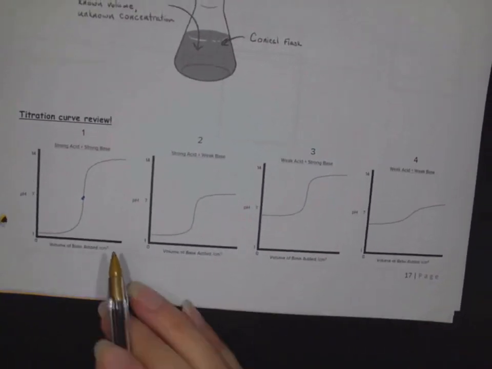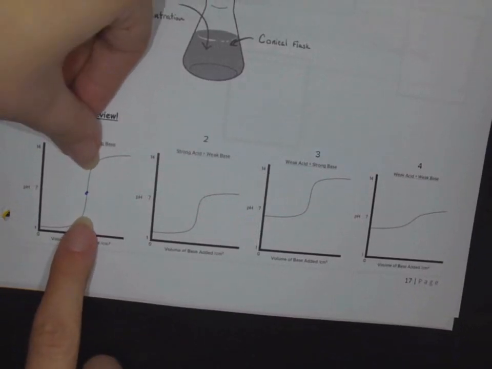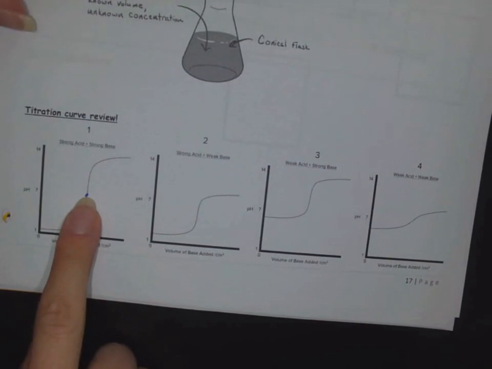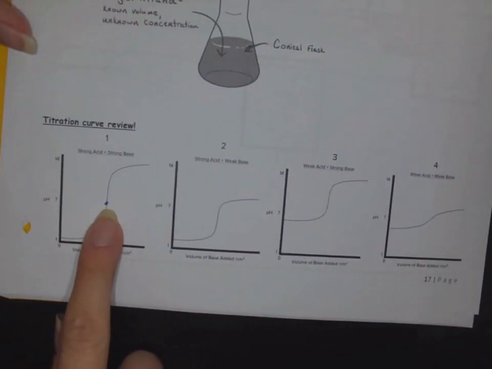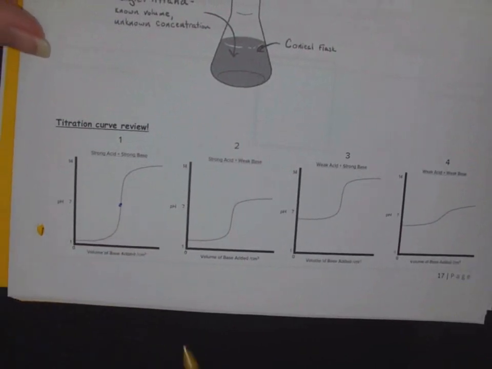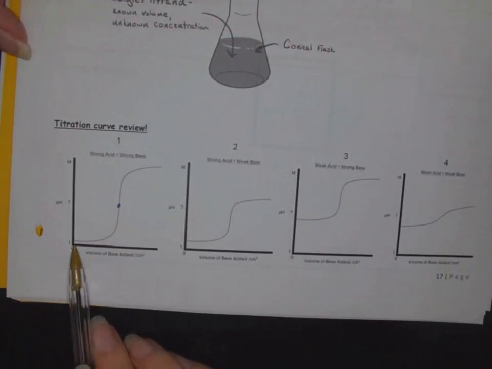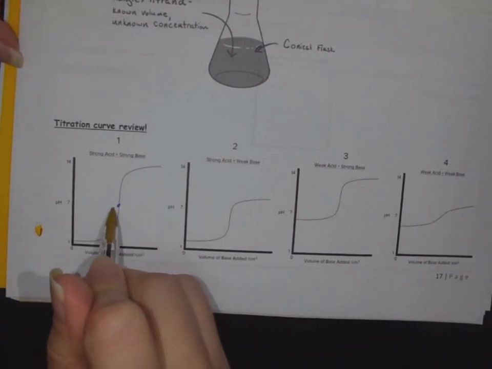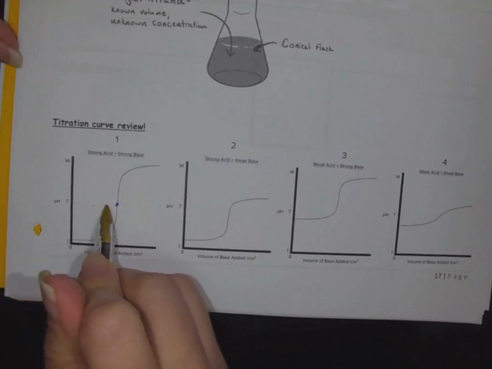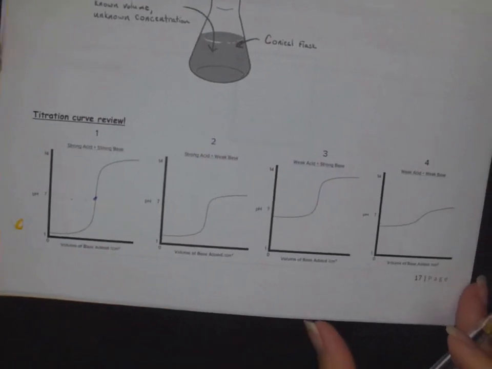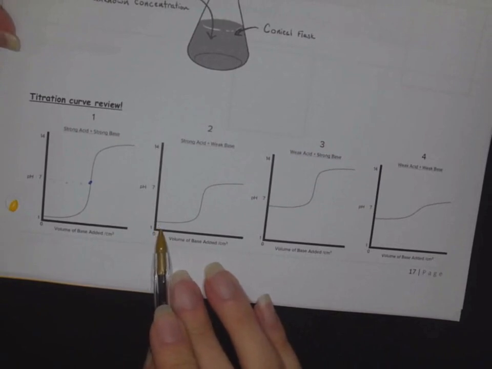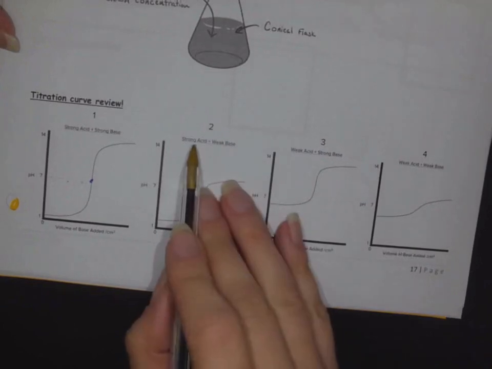If I look at this and ask what's roughly halfway in between there, that's the equivalence point, where the moles of the acid equal the moles of the base. Now, when it's a strong acid being titrated with a strong base, the equivalence occurs at a pH of 7.